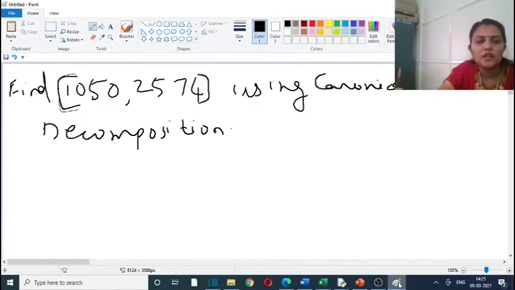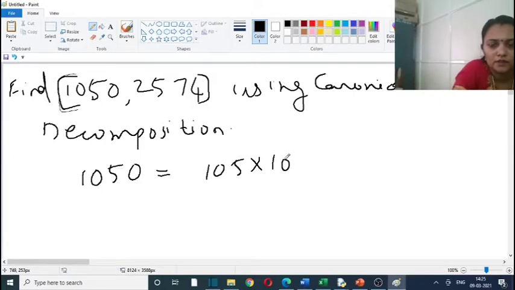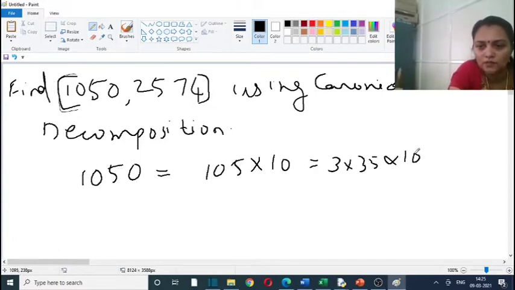First problem: find the LCM of 1050 and 2574 using canonical decomposition. So 1050 we can write as a product of 105 into 10. 105 is 3 into 35, so 3 into 35 into 10. 35 is 5 into 7, and 10 is 2 into 5.